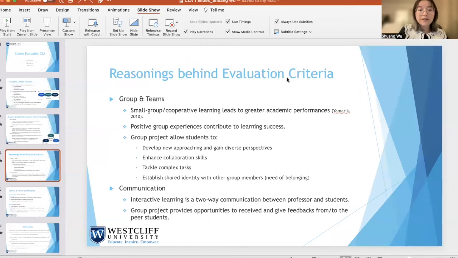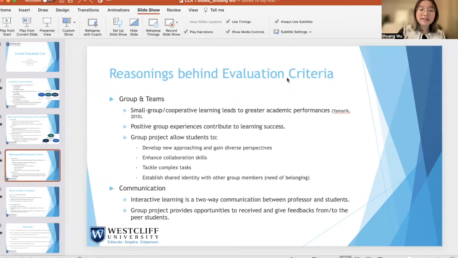It's also believed that small group and cooperative learning leads to greater academic performance. Positive group experience contributes to learning success. A group project can allow students to establish a small group that they can share identity with other members.